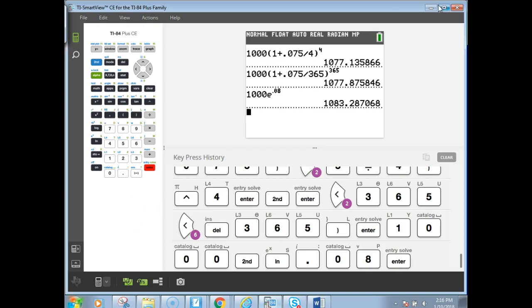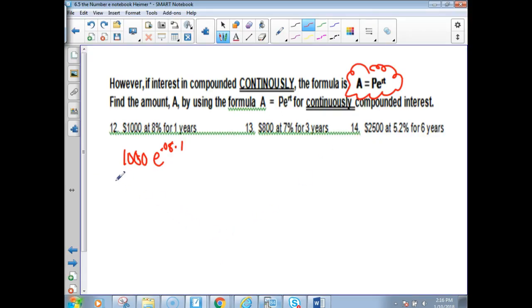That gives $1,083.29. All right, good enough.